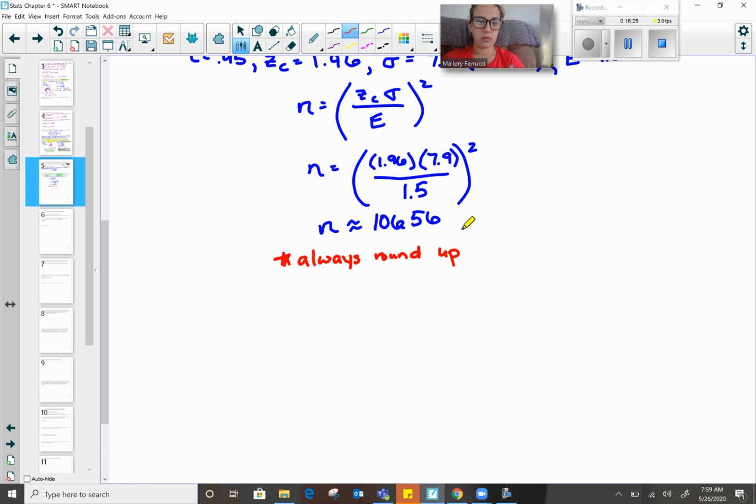So you always want to round up to the nearest whole number. So this is going to say the researcher needs at least 107 employees in the sample.